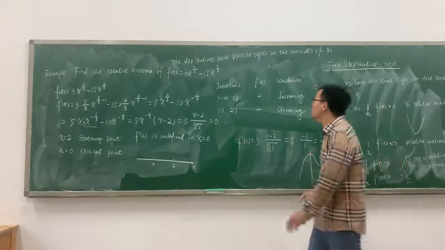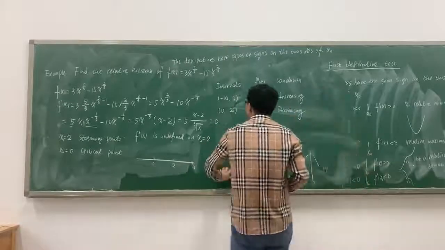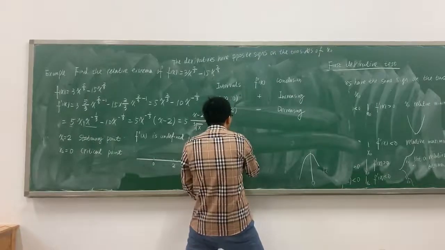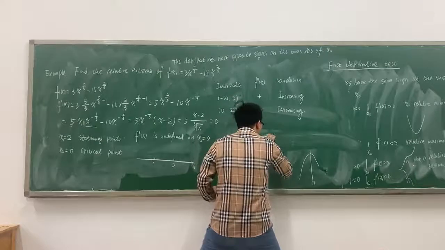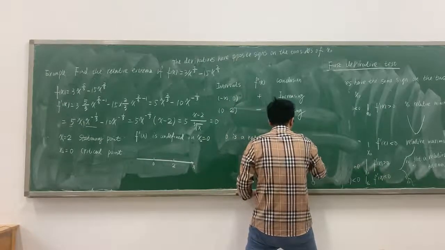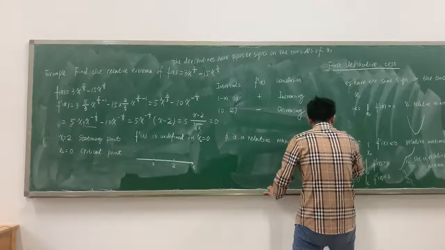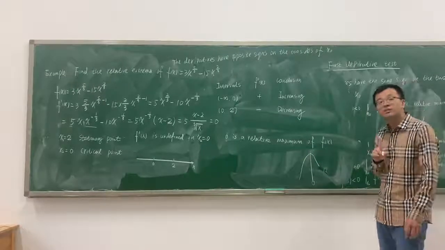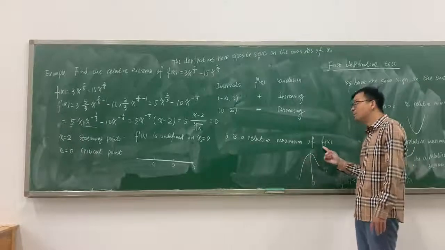From here we can conclude that the point 0 is a relative maximum of the function f. Now we have the first conclusion: 0 is a relative maximum of f(x).